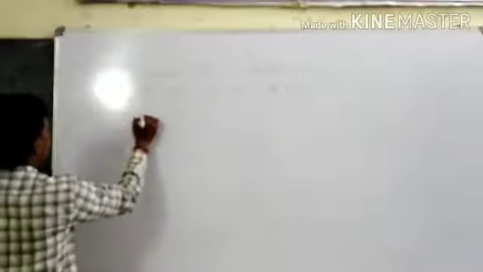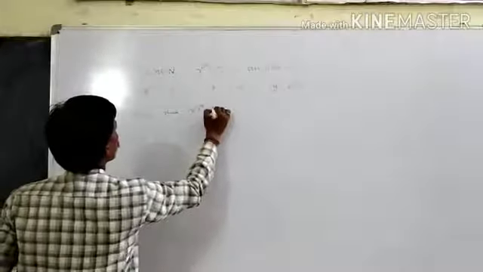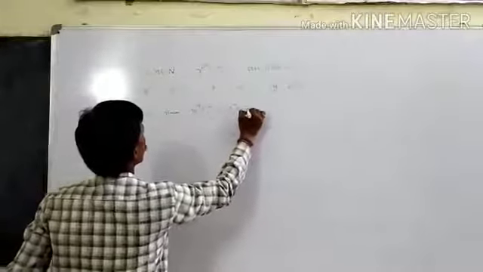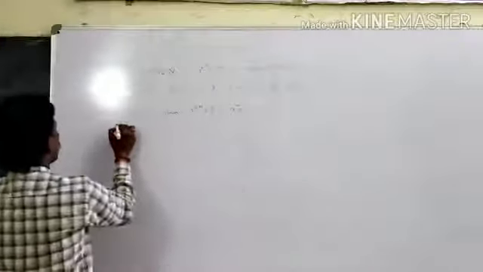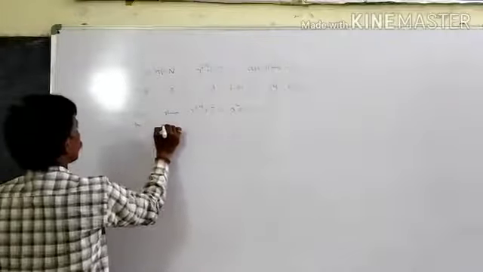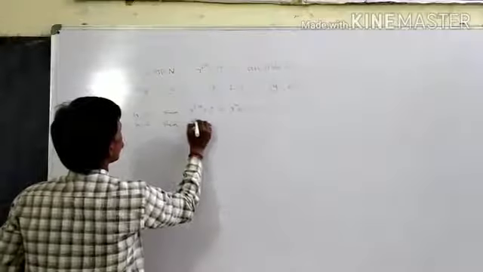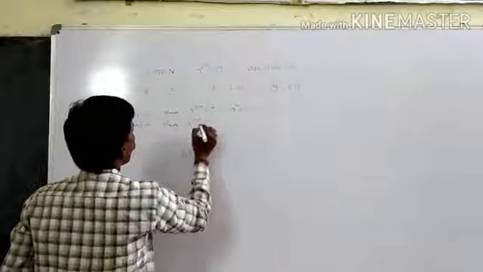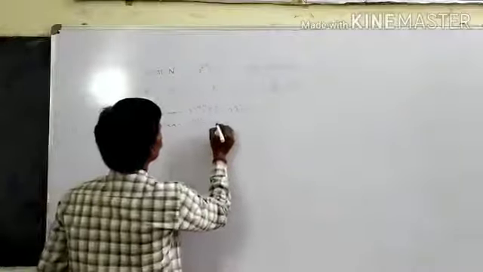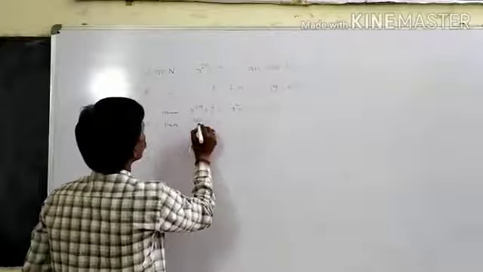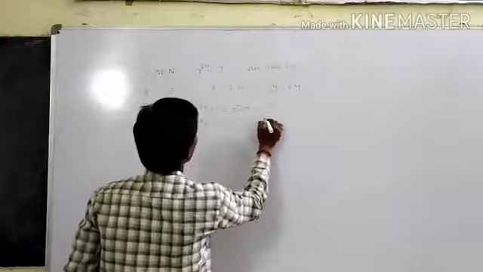If n equal to 1, then 3 power 2n plus 7 equals 3 square plus 7, that equals 9 plus 7, 16. If n equal to 2, then 3 power 4 plus 7, 81 plus 7, that equals 88.